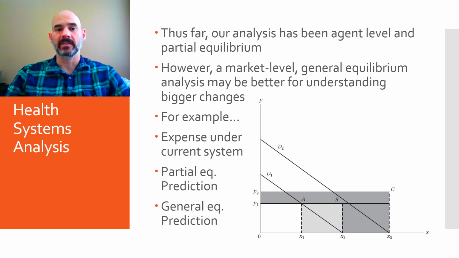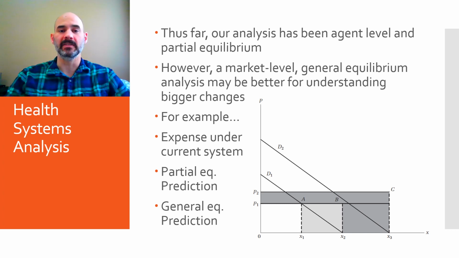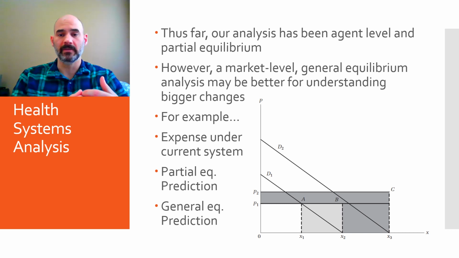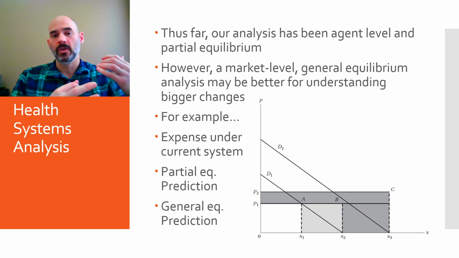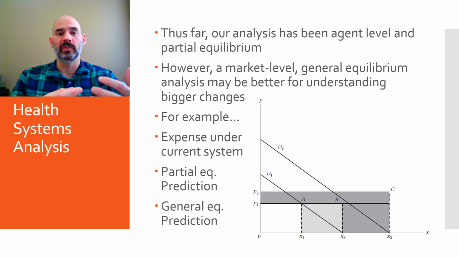And I think the book makes a strong case for why this type of analysis and perspective is needed, and that in general, what we've done so far is partial equilibrium analysis, and from the perspective of individual economic agents, whether those be hospitals, insurance industries, physicians, healthcare providers, or individuals and consumers of healthcare, and understanding their demand for health capital and their risk aversion.